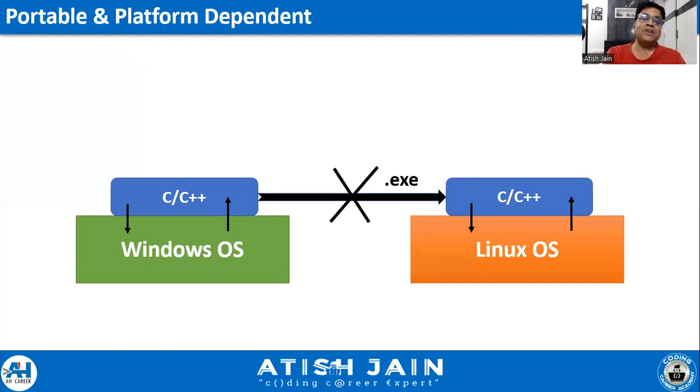Because the executable contains machine instructions generated for the underlying operating system. When your operating system changes, it won't execute. So what you can do is copy the source code file, the .c or .cpp file, and recompile it on the target operating system, and it will produce a new executable file targeted to that operating system. So copying source code from one platform to another is known as the portability feature.